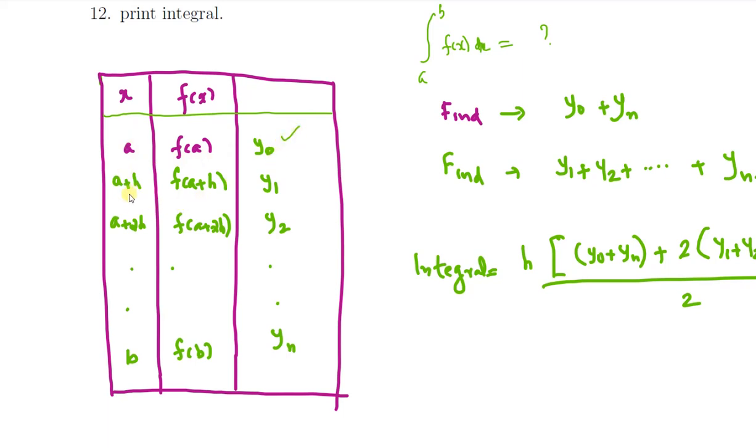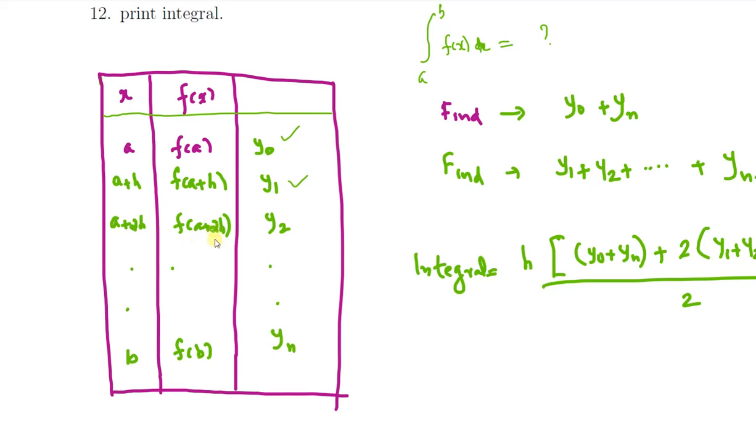Then a plus h. Give a small increment in the value of x, that is x becomes a plus h. Find the value of f of a plus h, that is y1. Again, give a small increment in the value of x. Now the value of x became a plus 2h. Find the value of f of a plus 2h.